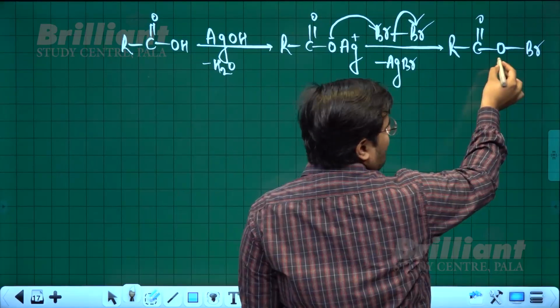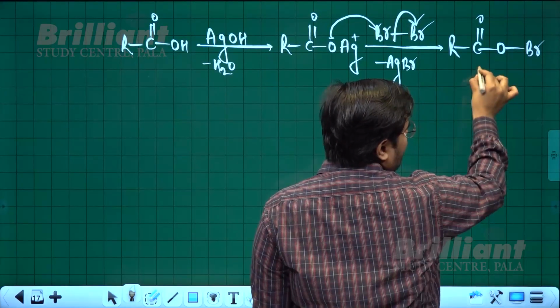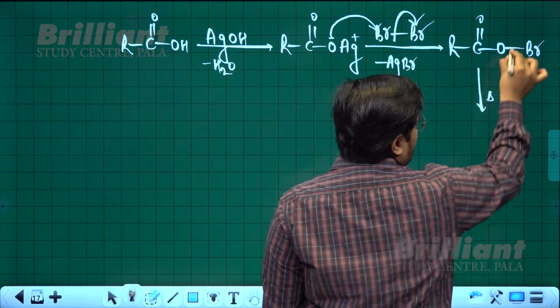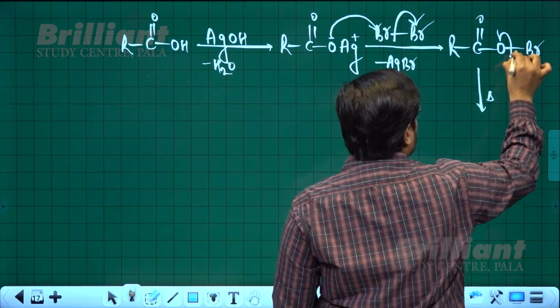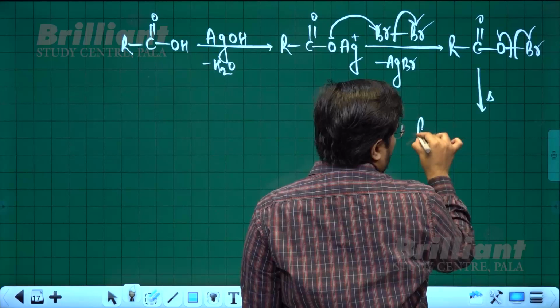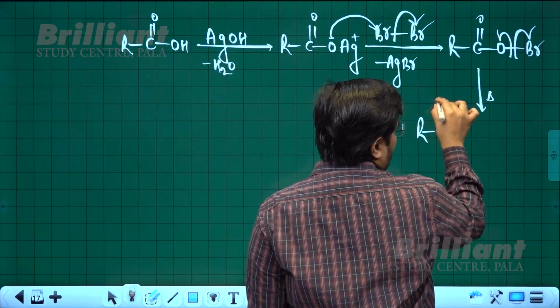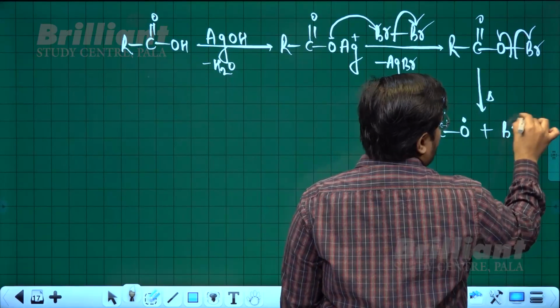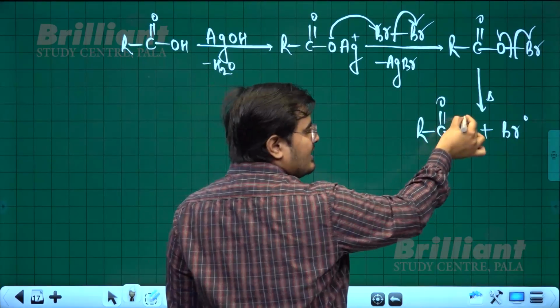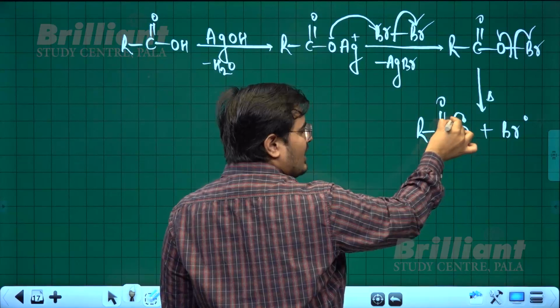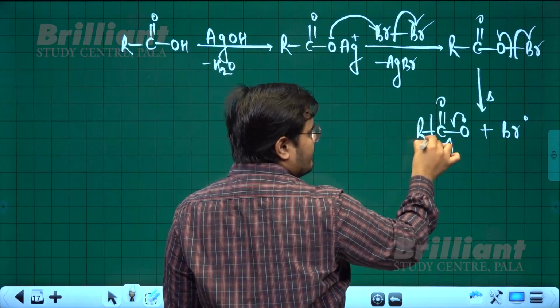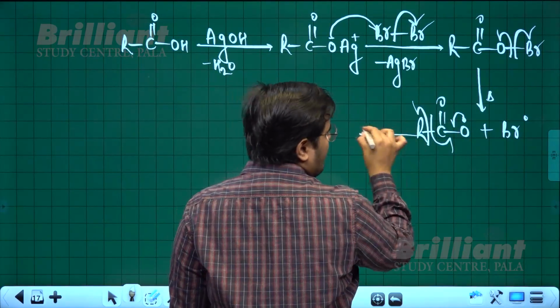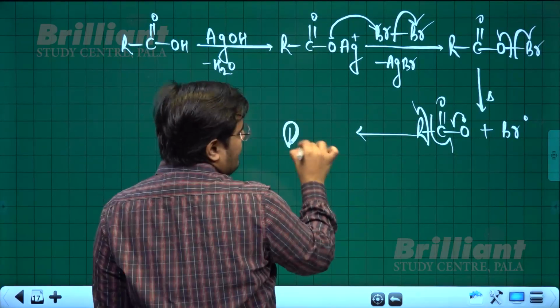Now this RCOO-Br bond is not very strong, so on little heating it undergoes homolytic cleavage. We know on homolytic cleavage what happens is you form radicals. So this carboxylate radical, you have seen in Kolbe's electrolysis how it used to break its bond with the alkyl part and will leave as R radical.